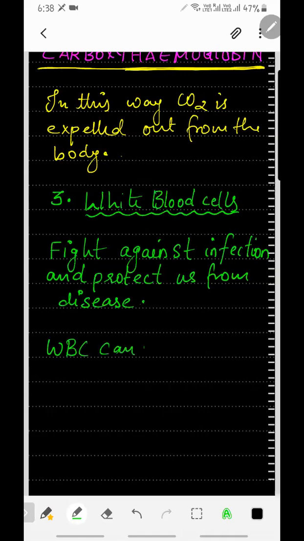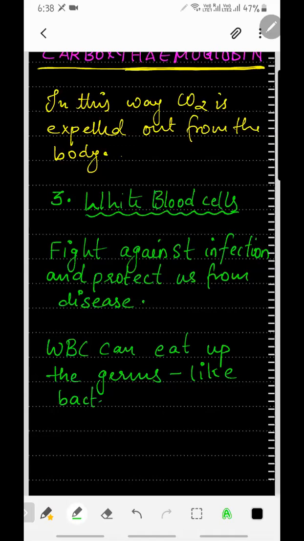WBC can eat up the germs, like bacteria that cause disease.